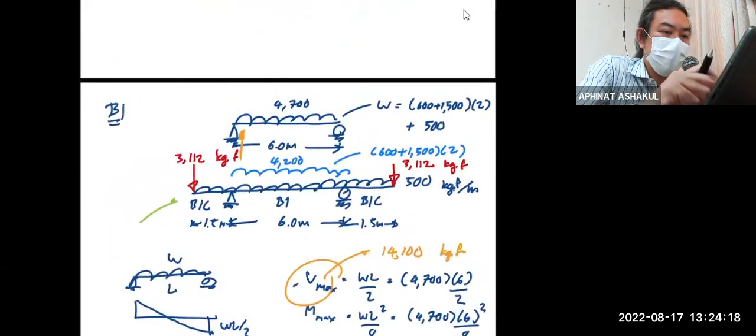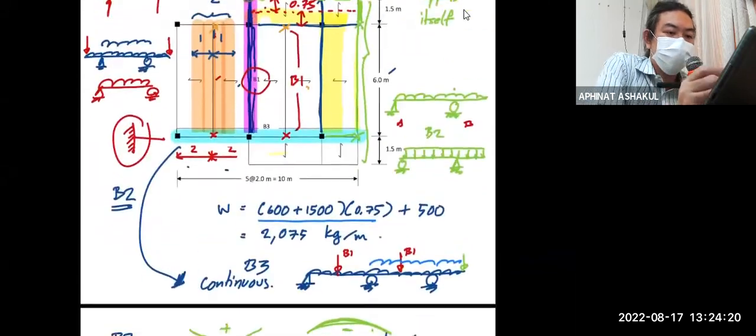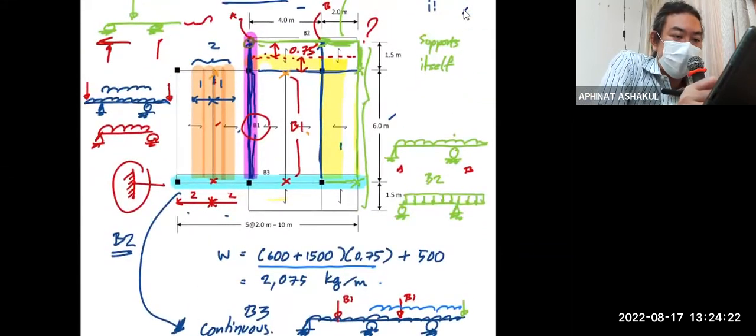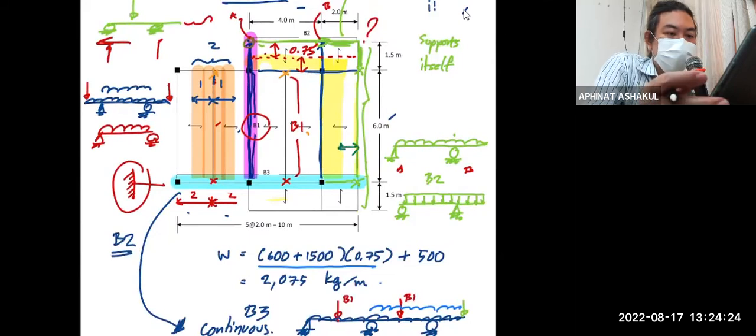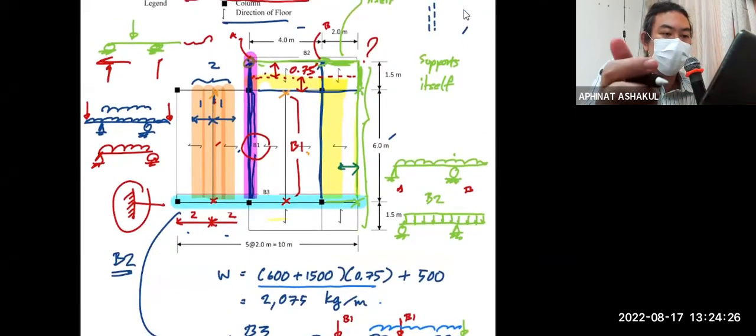Here, that is the tributary width, half of the 2.